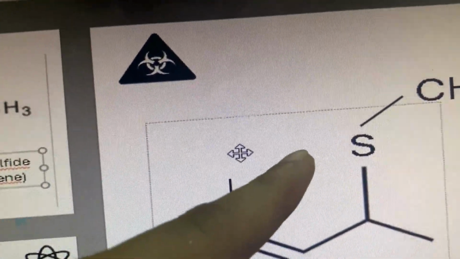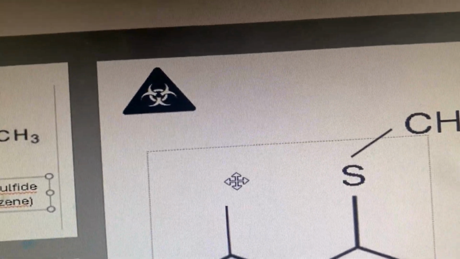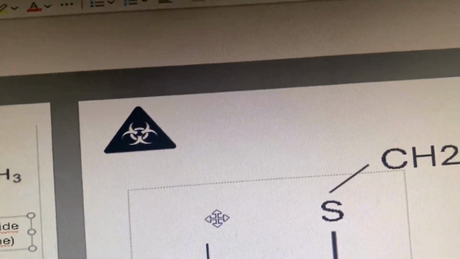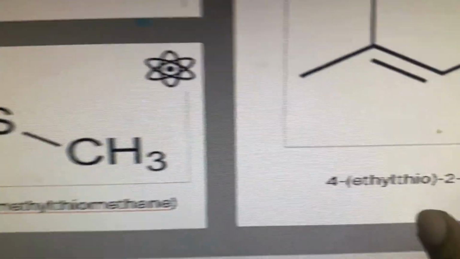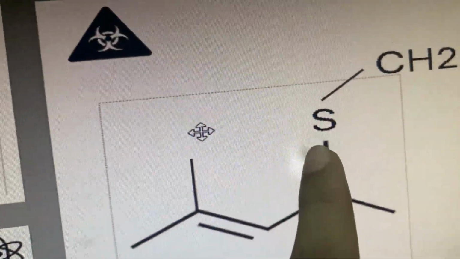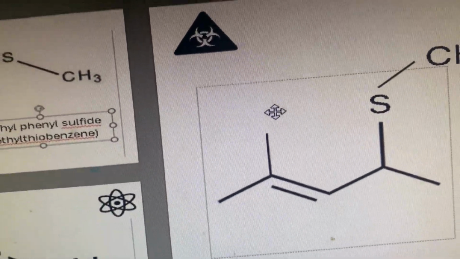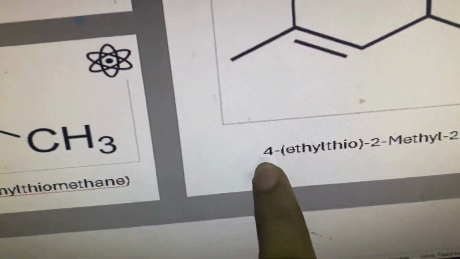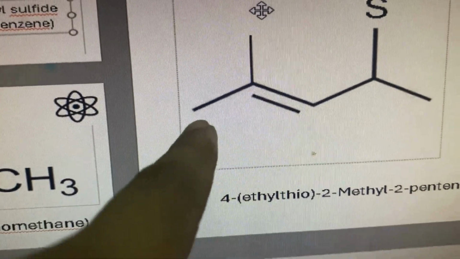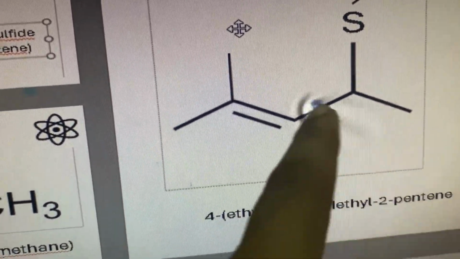And here, since we have sulfur and its substituent, the alkyl group, all we have to do is just add thio to the alkyl group where the sulfur is found. So sulfur is found on ethyl, so we have to add ethylthio. And the reason why it is 4 here as its locator number is because it is found on the 4th carbon from the parent chain.